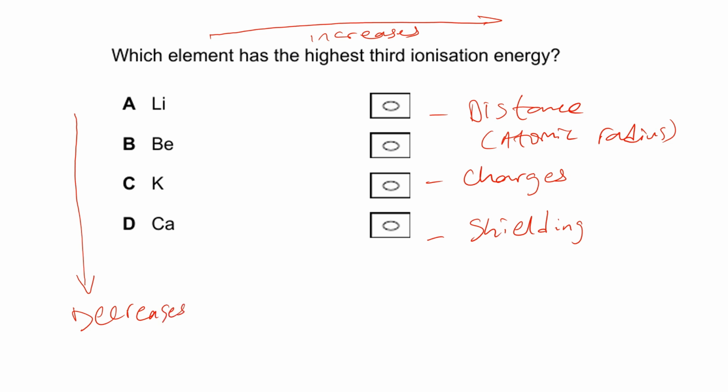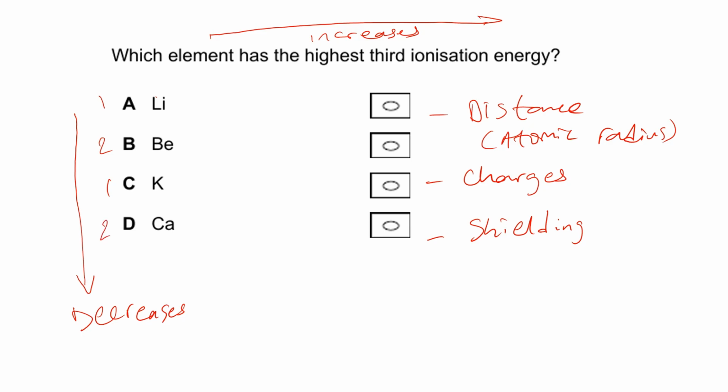So let's look at the options here. Lithium belongs to group 1, beryllium belongs to group 2, potassium belongs to group 1, and calcium belongs to group 2.